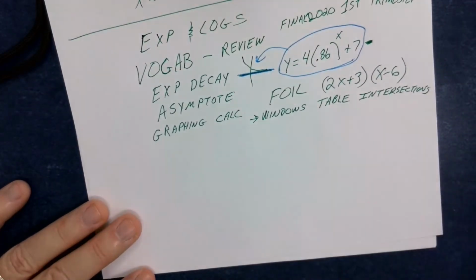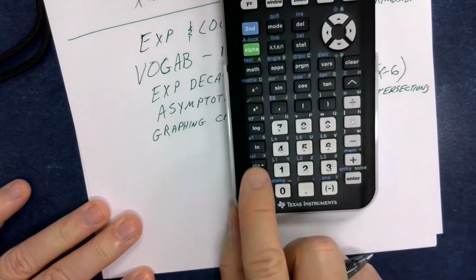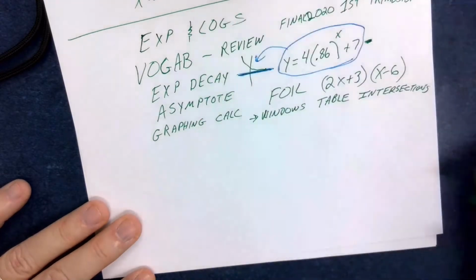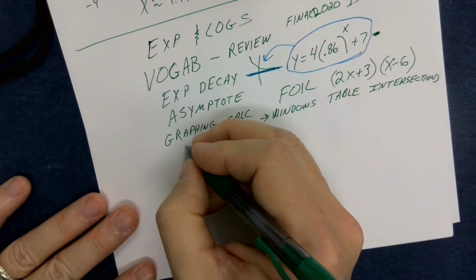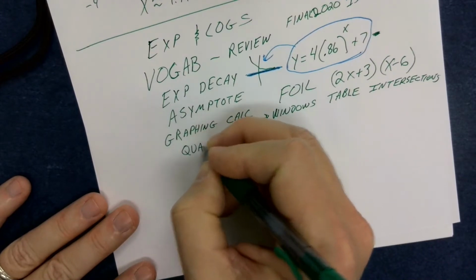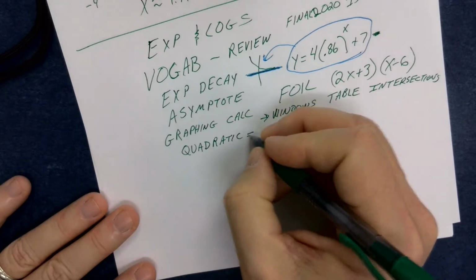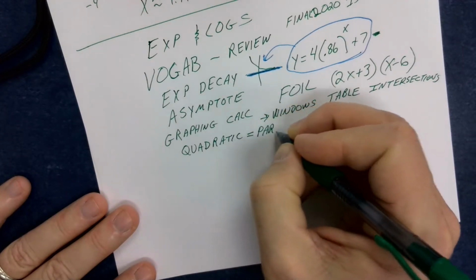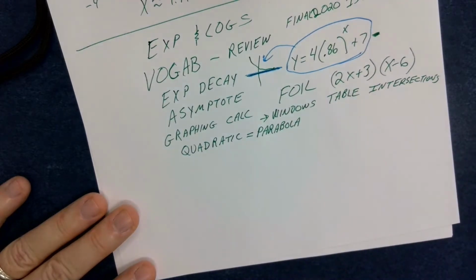Make sure you're comfortable with that. So this is our basic one. Know how to store stuff, and how to use this button right here to check answers. All of those are really good things. You should know that a quadratic and a parabola mean pretty much the same thing.